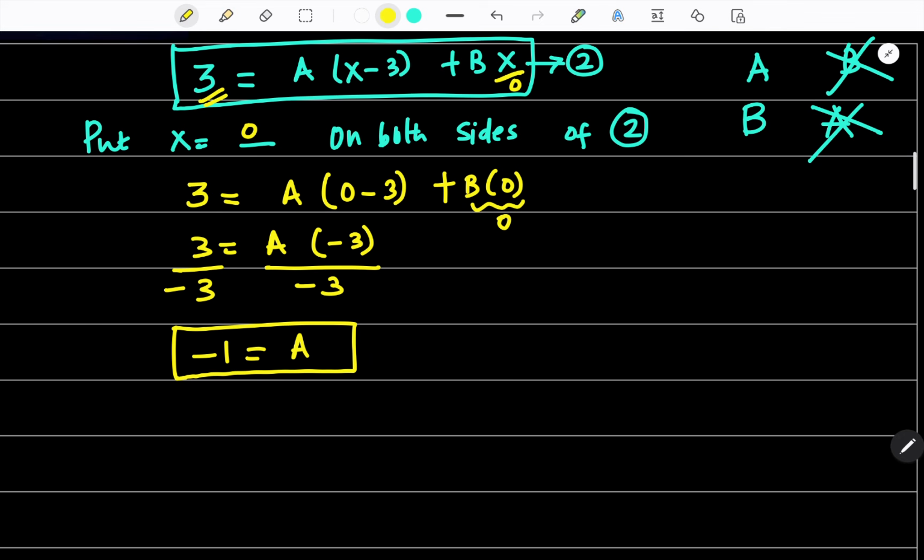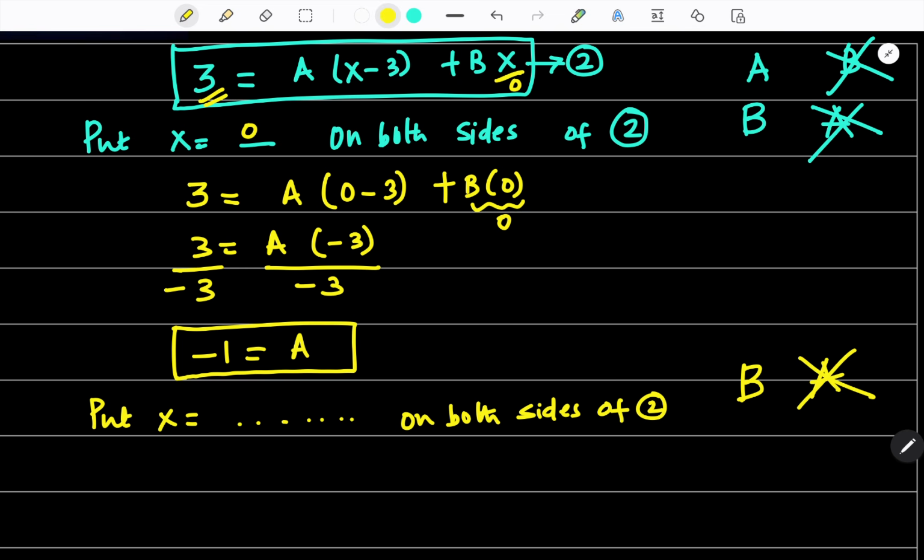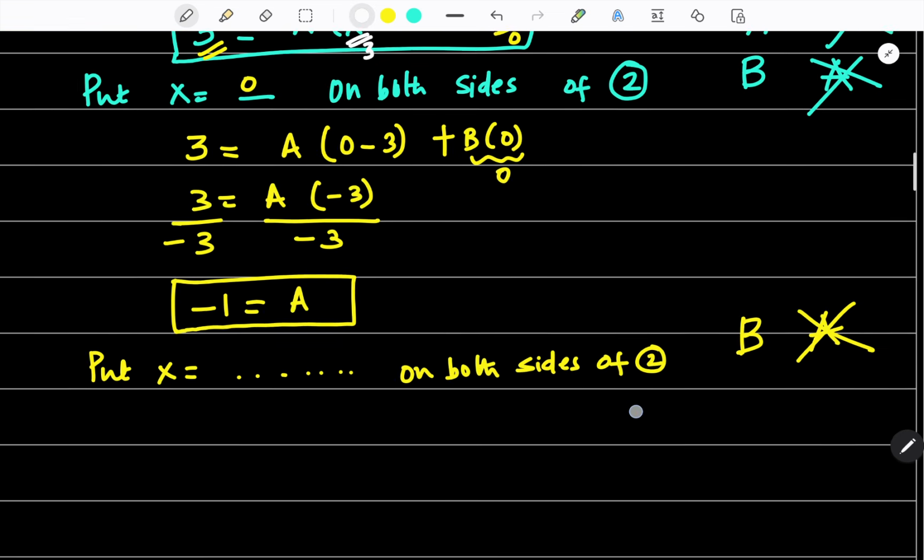Now what we are going to do? We are going to do the next one. Put x equal to some value on both sides of equation 2. I want b now, but I don't want a. So what value will you choose for a to go away? If you choose x equals 3, 3 minus 3 is 0.